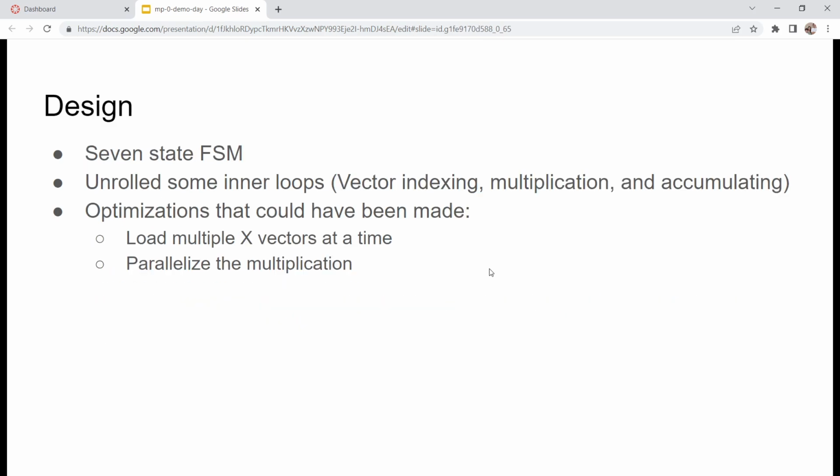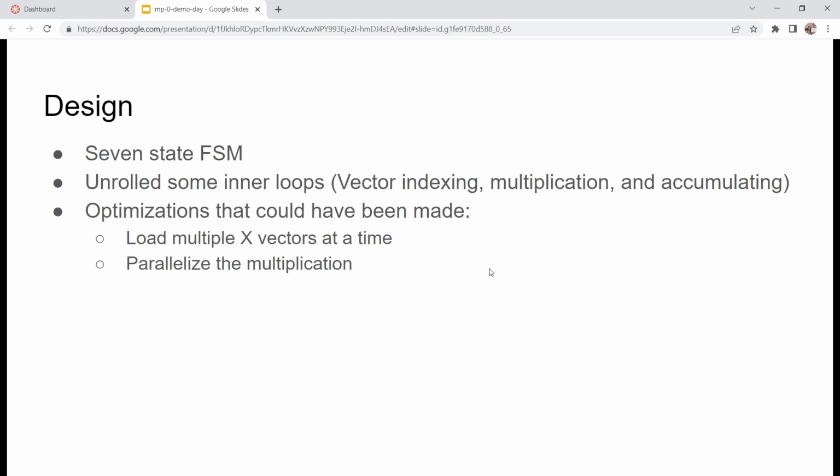So we did a fun little FSM. Everyone else did fancy pipelining and complicated stuff. We went for a get-it-done-first approach, and that took us the whole time. We ended up with a 7-state FSM. Tried to get some of those inner loops unrolled so that we could attempt to optimize it a little bit.